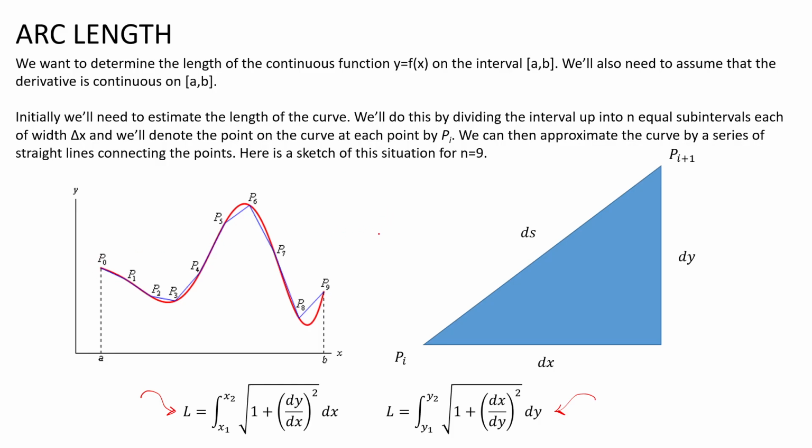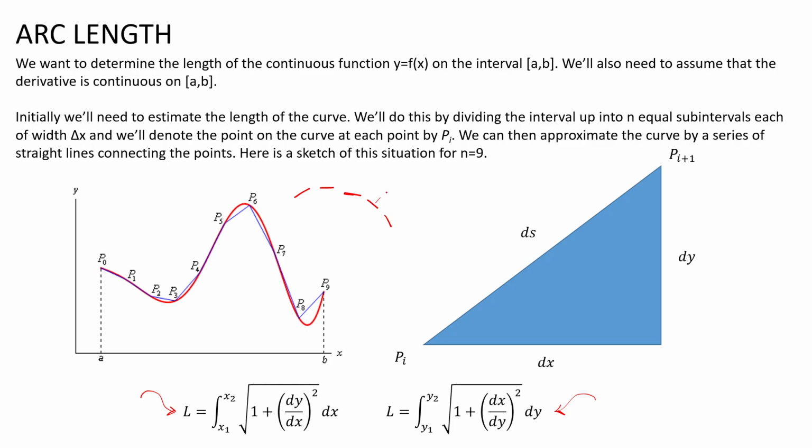For example, we're going to break the arc length into many line segments, P0 to P1, P1 to P2, and so on and so forth. Those will be the line segments generated in the curve.